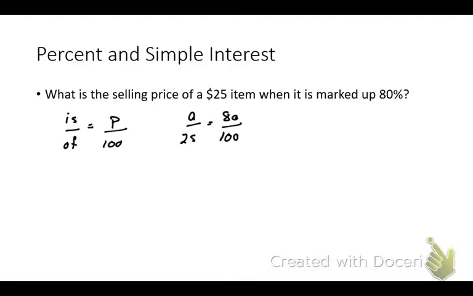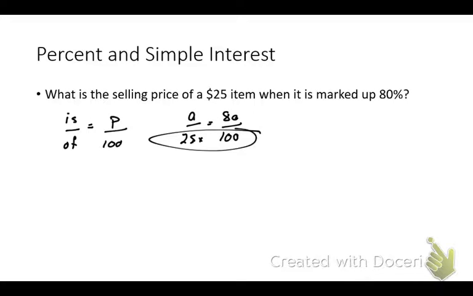Okay? Now, there's 2 ways you can solve the proportion. You could figure out the missing link here. So 25 times what equals 100? 4. So if there's a clear missing link here, you can do it top and bottom. So then 80 divided by 4 would be 20, okay?